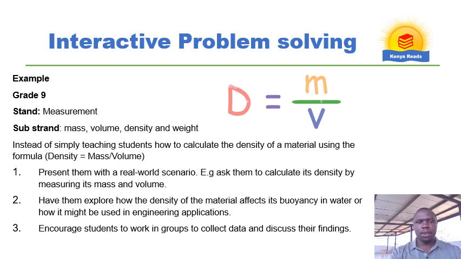So you can encourage learners to work in groups to collect data, different values of mass, different values of volume, and let them discuss their findings. How do they see the relationship between mass and volume? And automatically they will have learned density.